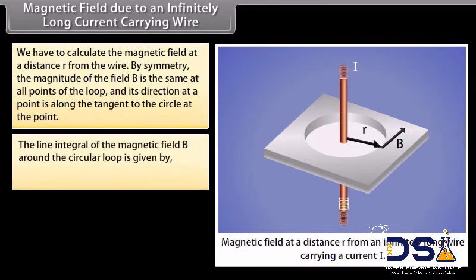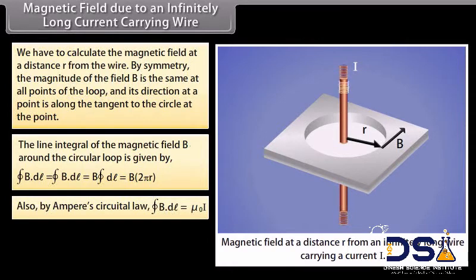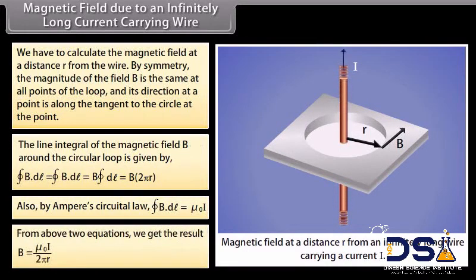The line integral of the magnetic field B around the circular loop is given by the product of B and 2 pi r. Also, by Ampere's Circuital law, the closed integral of B dot dl is equal to mu naught I. From the above two equations, we get the result B equal to mu naught I divided by 2 pi r.